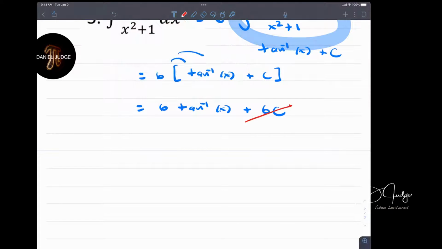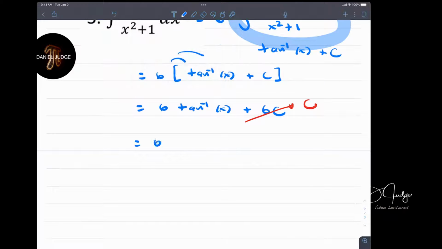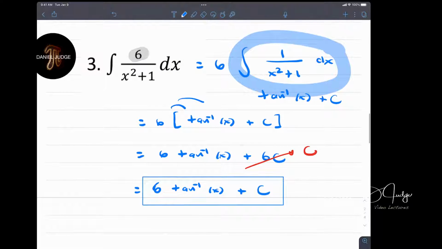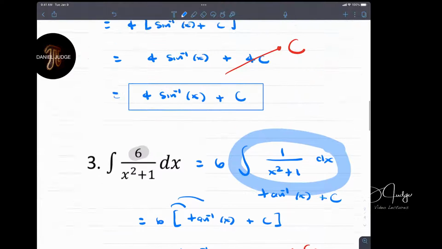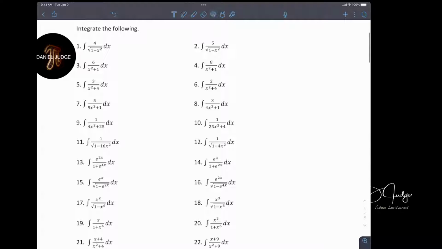And of course, this becomes a constant, so we have 6 inverse tangent x plus c. And there you go. This is how we handle number 3. Okay. Number 5.